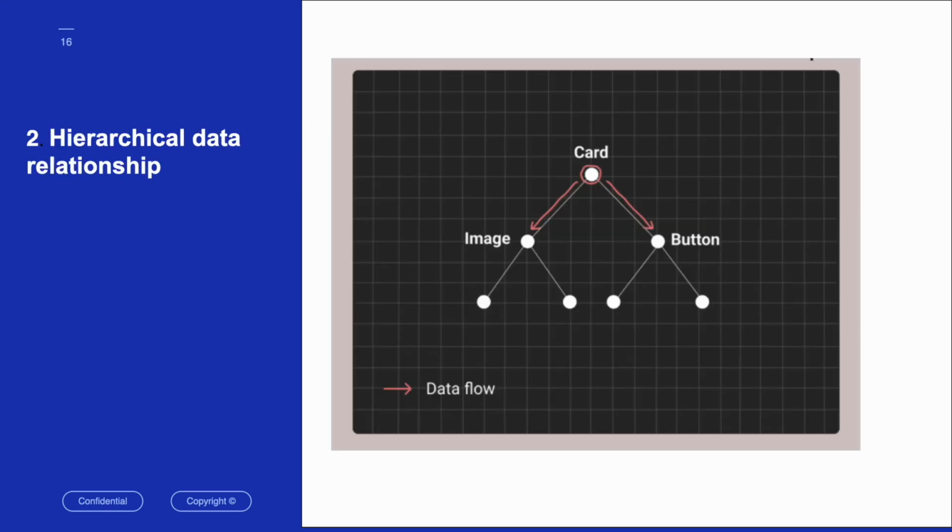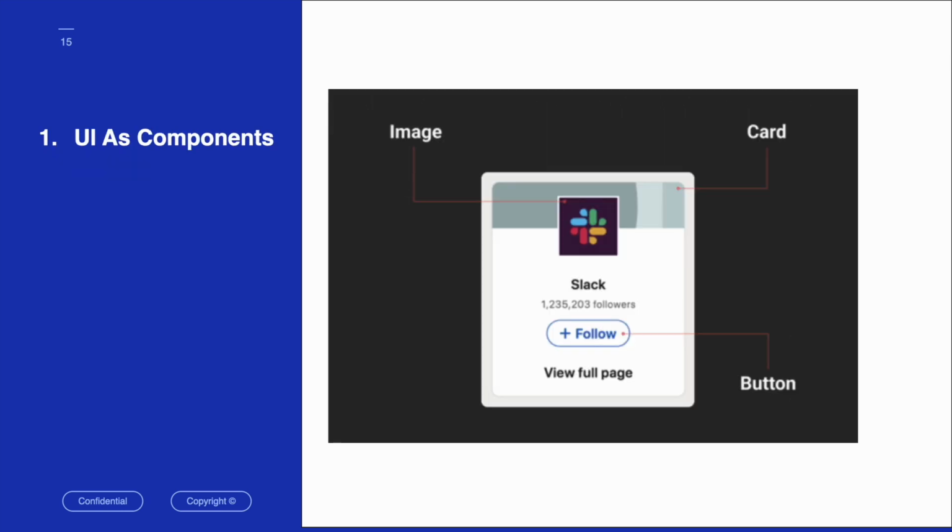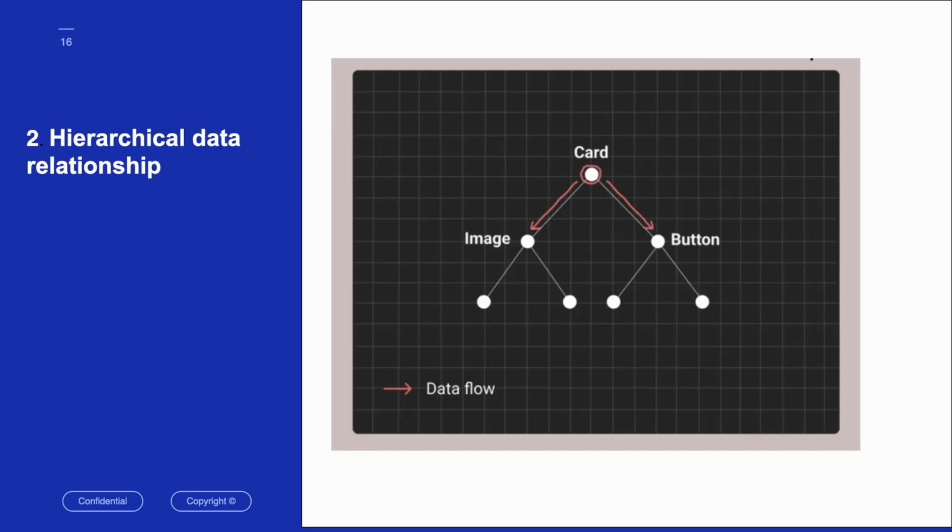Now let's understand the hierarchical data relationship of this entire card component. At the top level we have the card component, the entire part which contains your image, button, as well as all three texts present on the card. That's the reason the card component is at the top level, and below the card we have two more components: your image component and your button component.